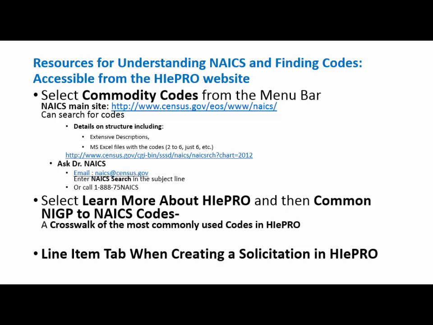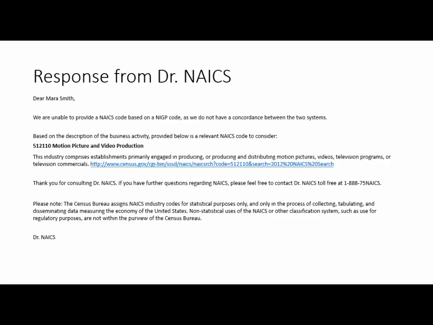Another resource accessible from the login page of HIePRO is a crosswalk of the most commonly used NIGP codes in HIePRO and the corresponding NAICS code. Lastly, you can also search from the Line Items tab when you're creating your solicitation. We'll be showing all of these to you in a few minutes. Here is the response from Dr. NAICS.